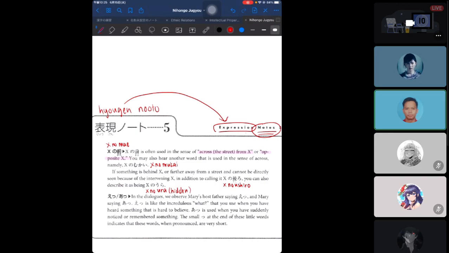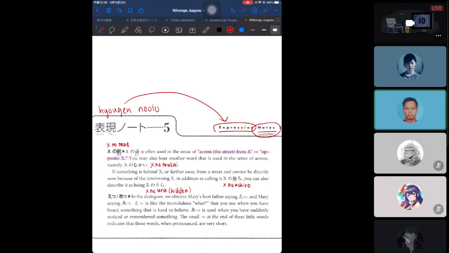Does ura come from urami? Not really. Actually, I've been thinking of the term uraroji, because uraroji, I believe, means alleyway. I have to check the dictionary. 裏路地. What is it in English?